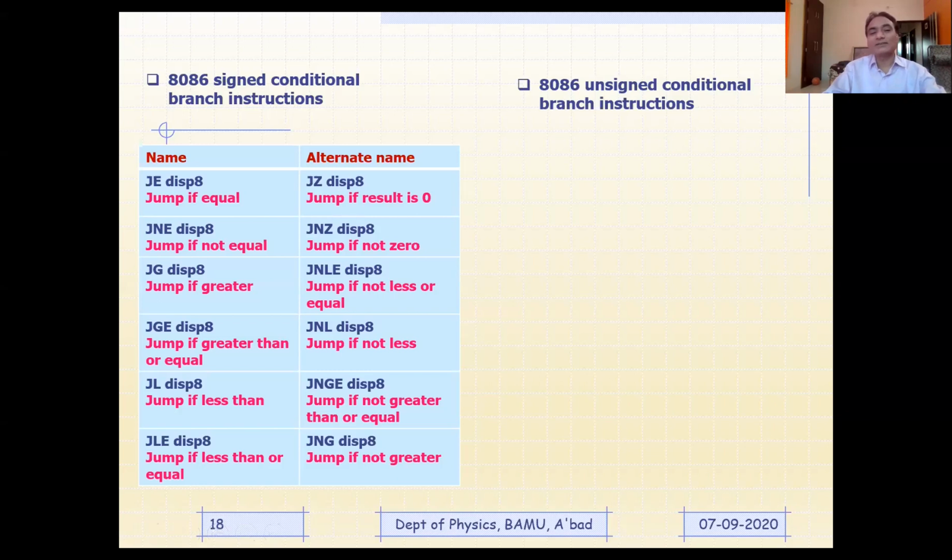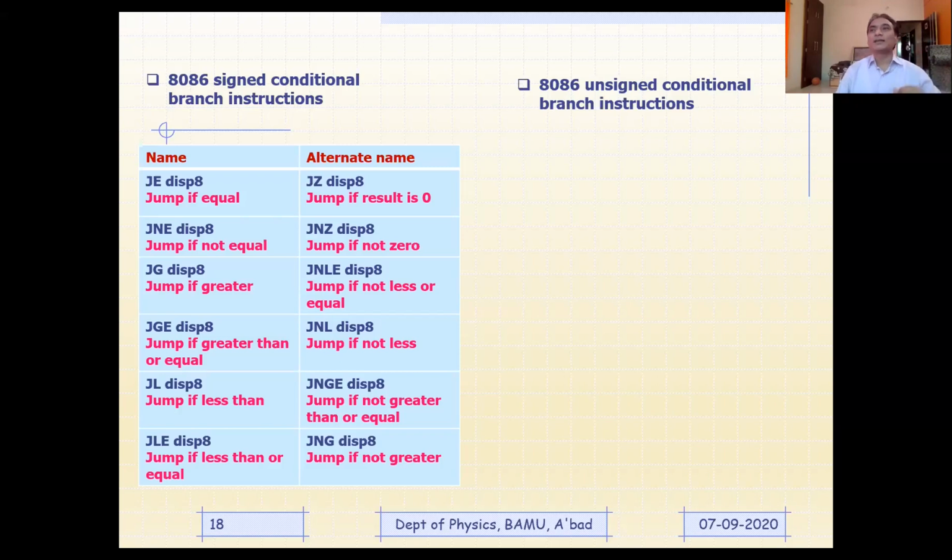Now I'm not going to explain all those, but I can explain at least one. Let us say we are using the JZ or JE instruction after a compare instruction: compare AL comma BL. Now if AL is 2 and BL is 2, what is going to happen in the case of compare AL comma BL?